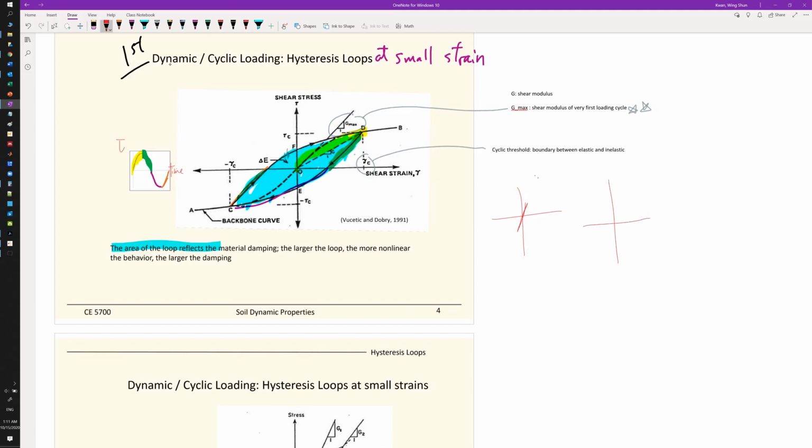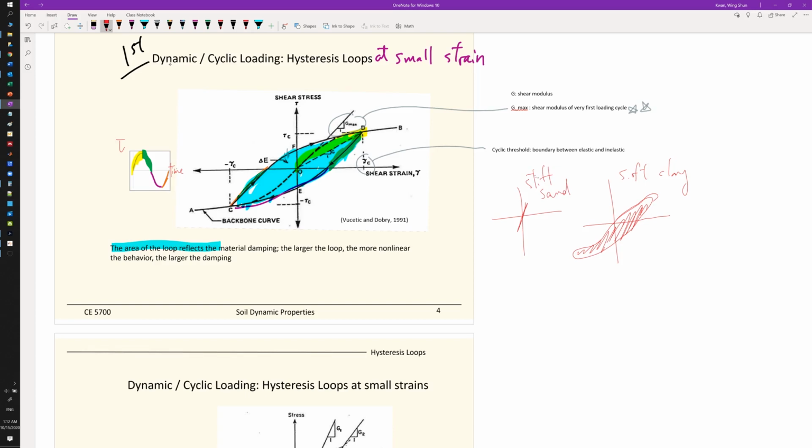Whereas with a soft clay, the response of the first loop could be very highly nonlinear and give you a much larger area. So this could be the response of the soft clay, versus this is a very stiff sand. And the area again reflects the amount of damping that the soil can absorb.